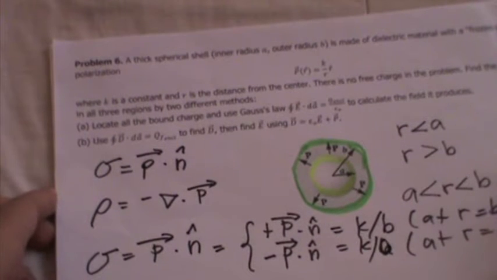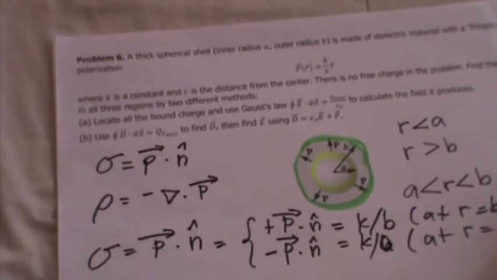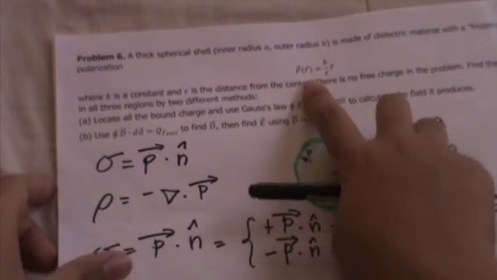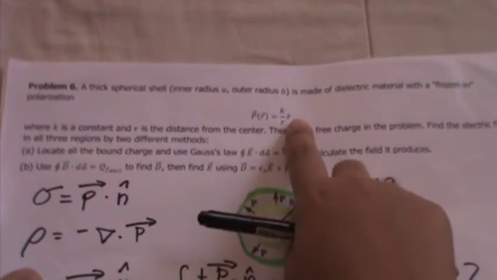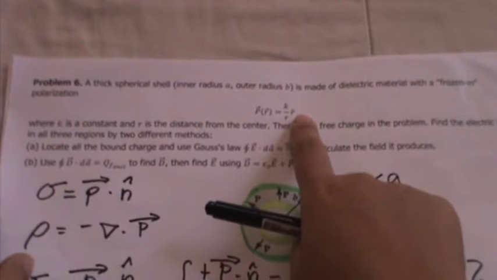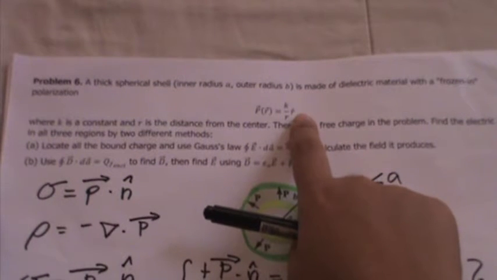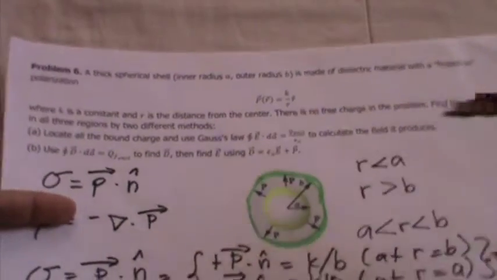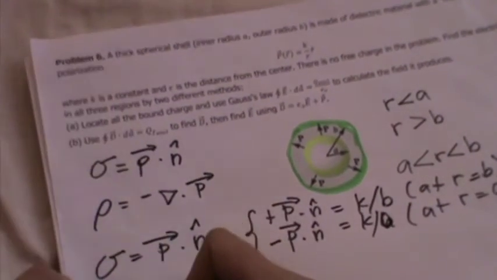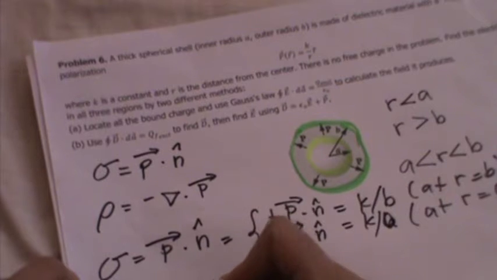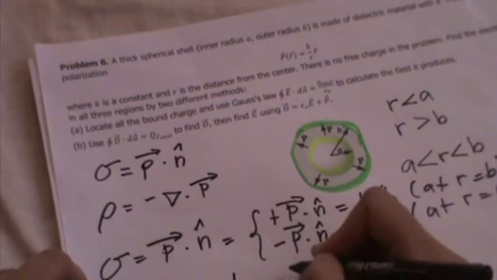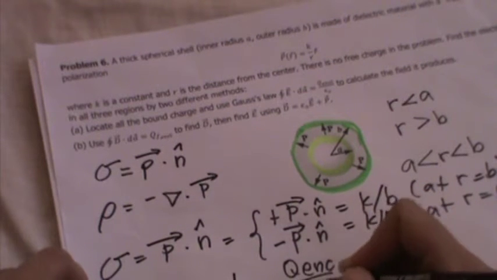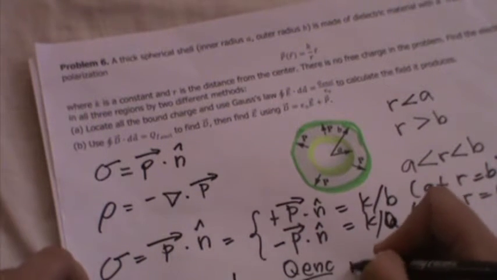What else do we need to consider? We also have this equation, vector P equals k over r r-hat, the frozen polarization, as well as Gauss's law. If we remember, the formula for Gauss's law is vector E equals 1 over 4 pi epsilon naught, Q enclosed over r squared, r-hat.